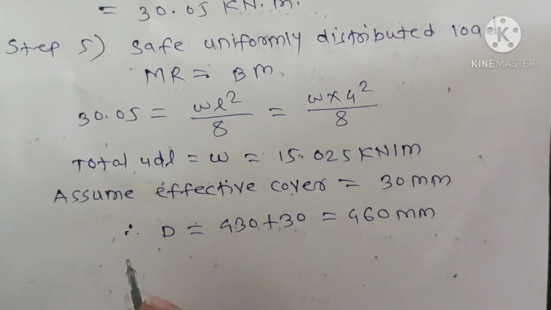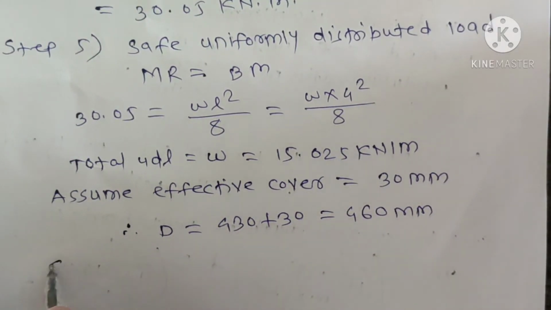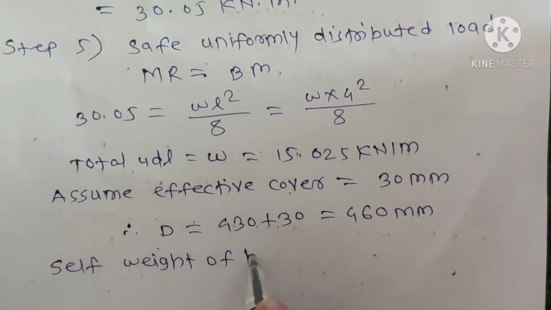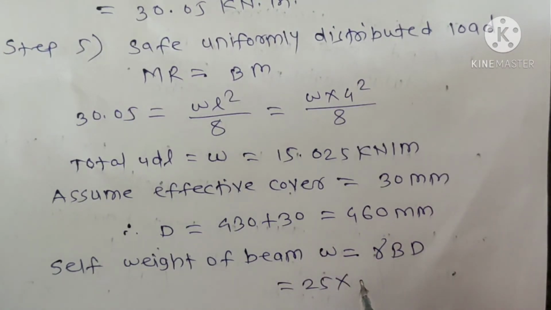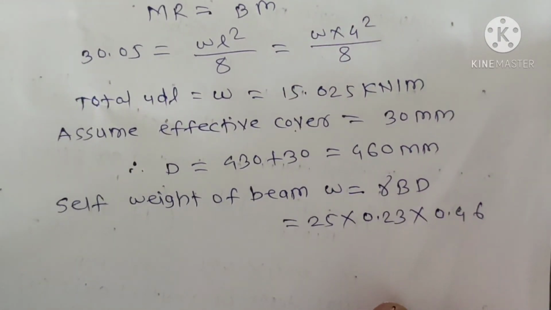Self weight of beam, W is equal to gamma times b D, is equal to 25 into 0.23 into 0.46, which is equal to 2.645 kilonewton per meter.